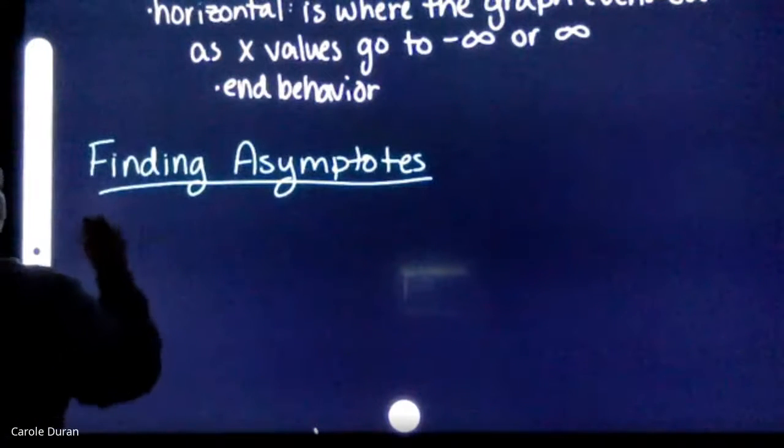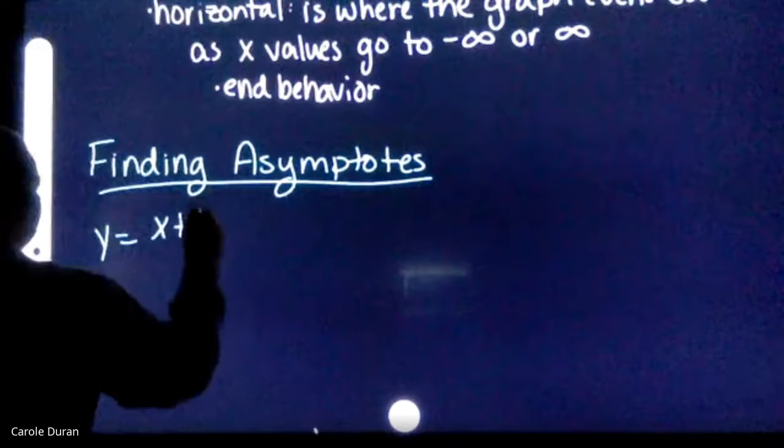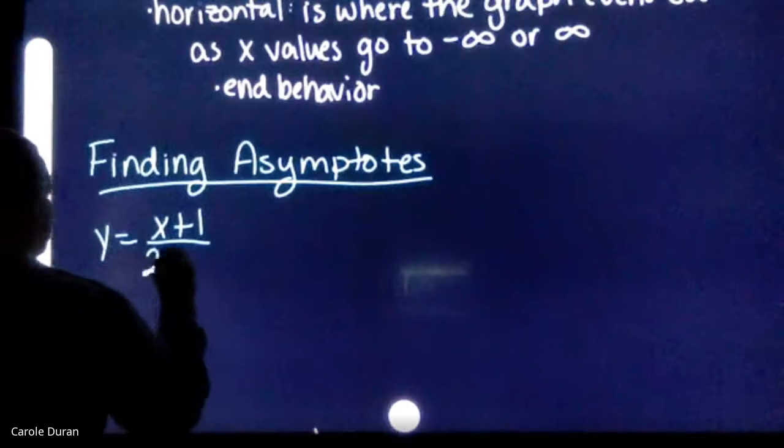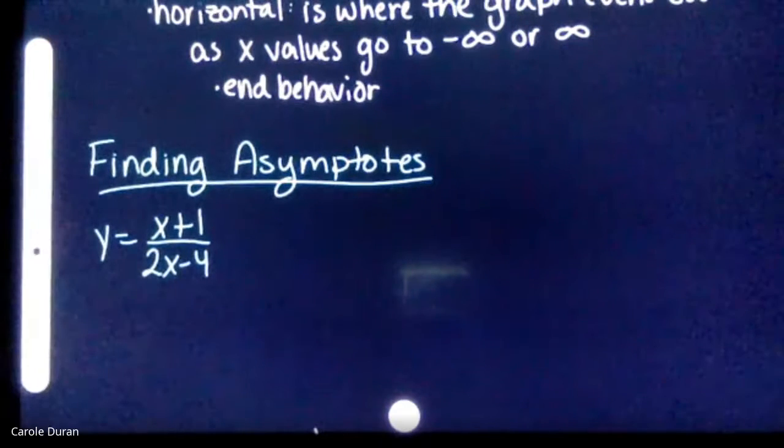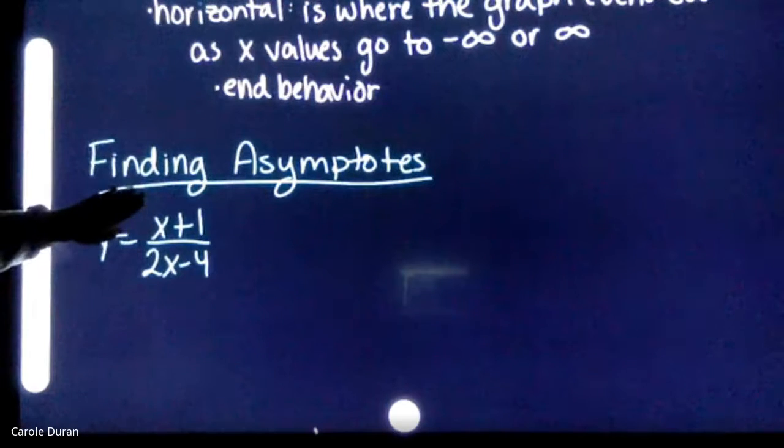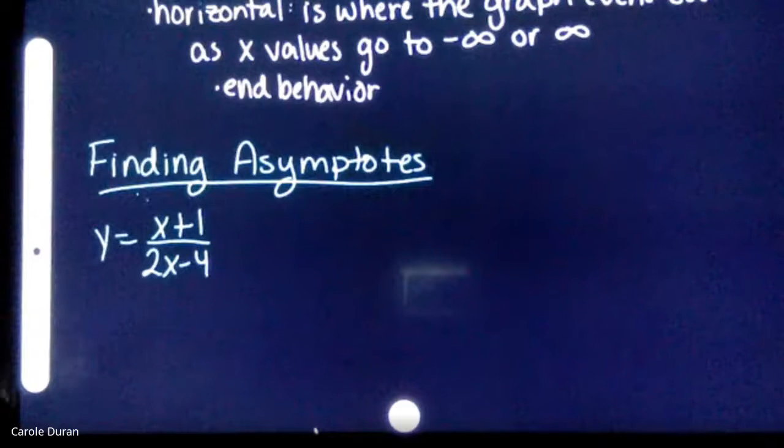Our first example is the rational function x plus 1 over 2x minus 4. On this, in case you can't remember, the x plus 1 is our numerator because it's in the top part of our fraction. And the 2x minus 4 is our denominator because it's in the bottom part of our fraction.